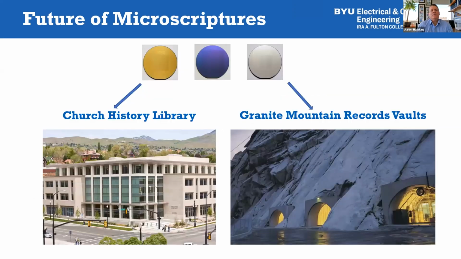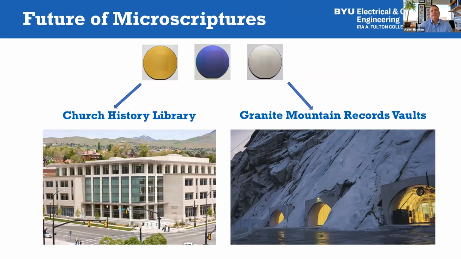Okay, so the immediate future of Microscriptures. The Church History Library was actually interested in these. And so we made copies of these wafers, both front and back side, and sent some to the Church History Library. I think they are working on a display, so people will be able to see those.